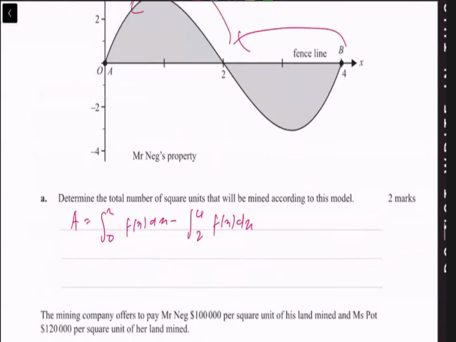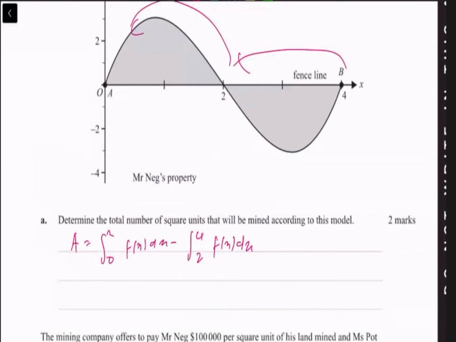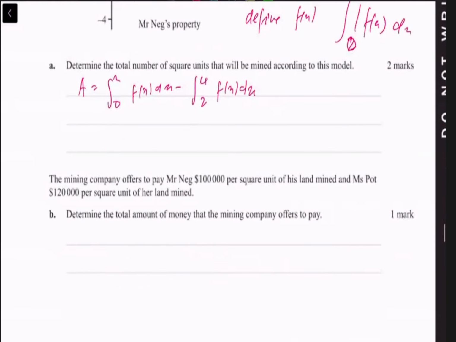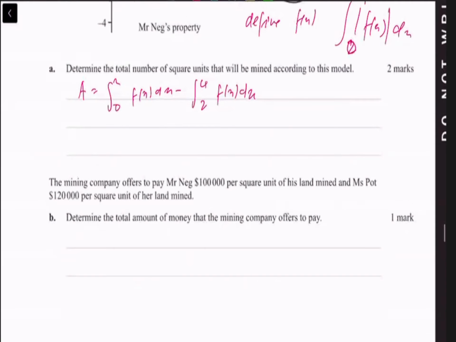If you don't want to consider the negatives, you can just define fx, and when you're integrating, just do mod fx from 4 to 0. That might save you some time. But if you don't know how to use the mod function, just do it separately. But it's pretty easy. Just put it between the lines.